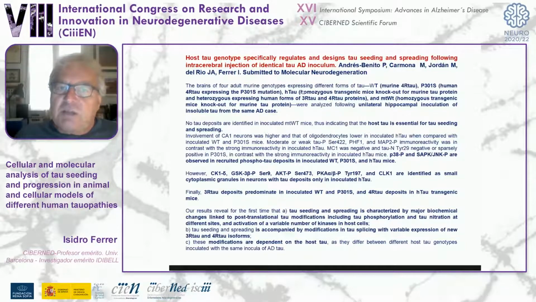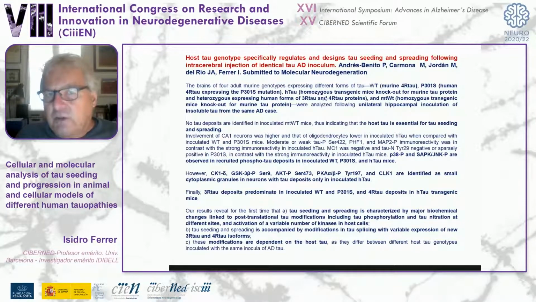The other one is a homozygous transgenic mouse, which is knockout for murine tau but expresses human tau, mainly 3R, but also 4R tau protein.